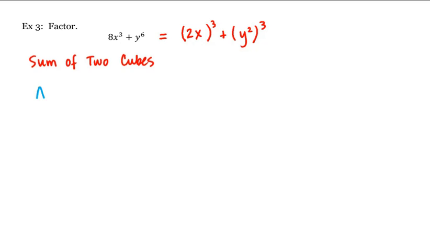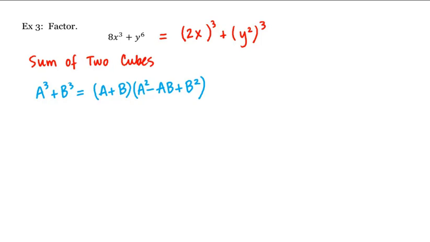And the formula is that a cubed plus b cubed factors into (a plus b) times (a squared minus ab plus b squared).